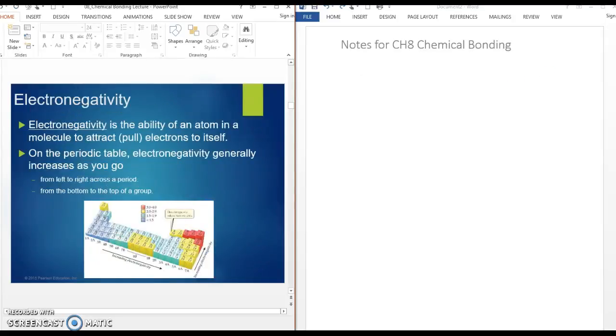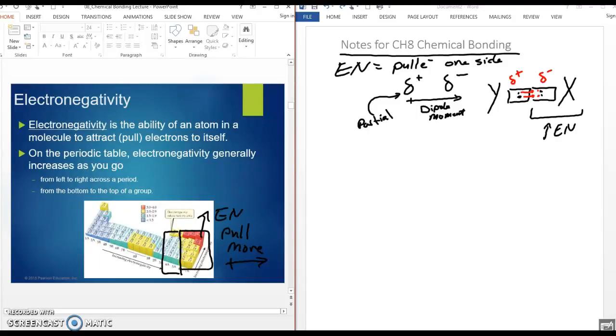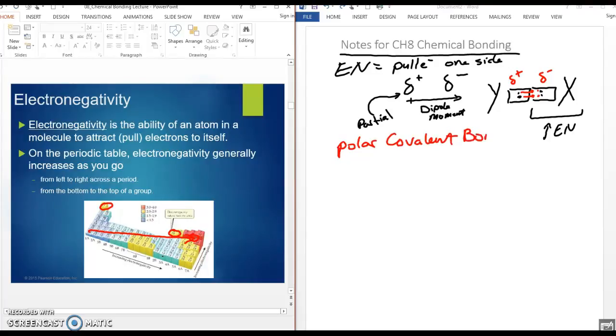If we look at these tables, we notice that our electronegativity trend goes up and to the right across the periodic table. So we can easily say that fluorine is more negative than, say, hydrogen, or fluorine is more negative than boron, so electrons are going to be pulling toward fluorine, creating a partial negative side. That's a polar covalent bond. Still sharing of electrons, but they're more toward one side.